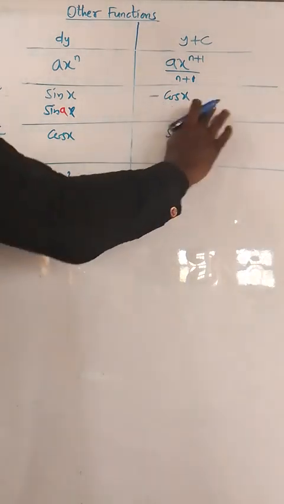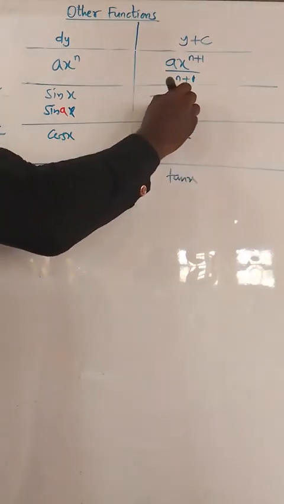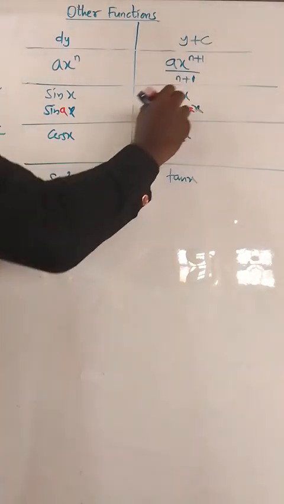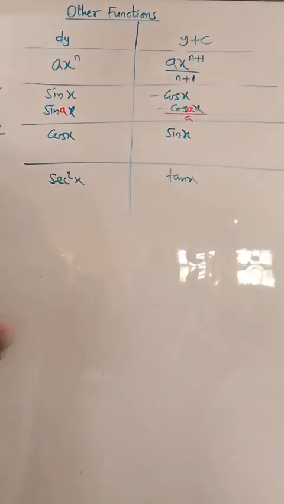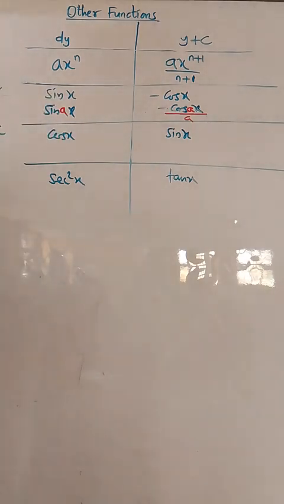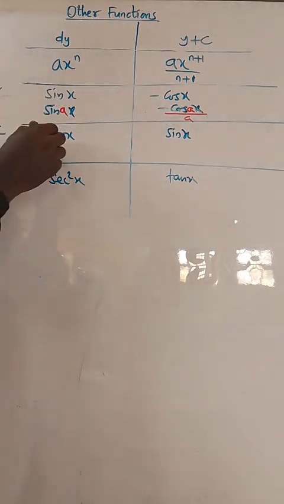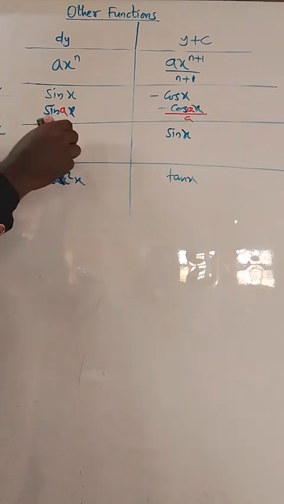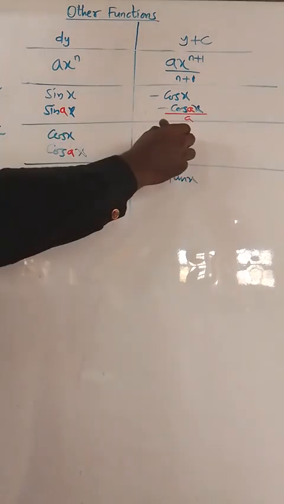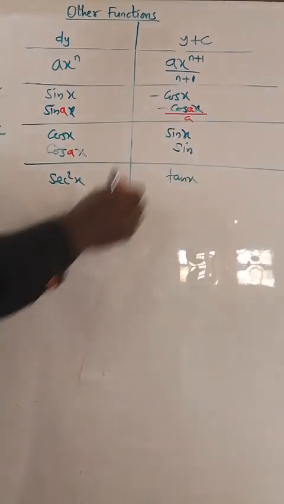So the answer is going to be minus cos ax over a. Why over a? Because if we differentiate ax, we get a. So we divide by the differential of ax. Same thing goes here. If we have cos ax instead, the answer will be sine ax over a.